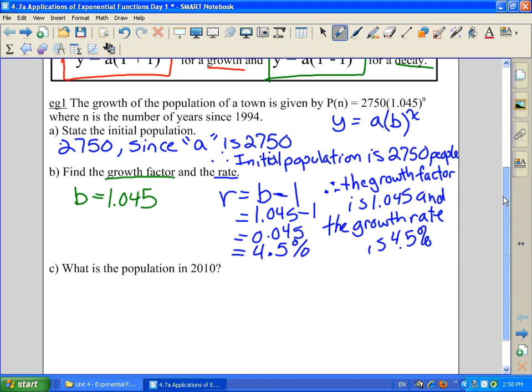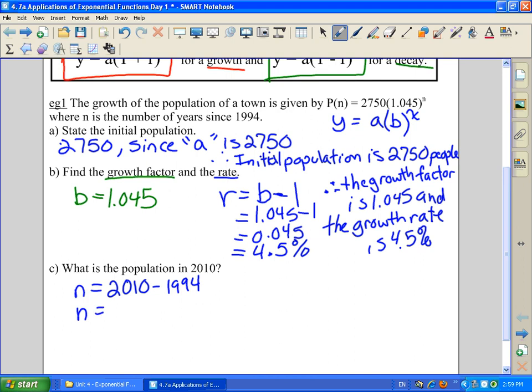Next part, C. What is the population in 2010? Well, we have to revisit the question and see what year N started at. N started at 1994, and now we're trying to find the population for 2010. So to find N, we're going to take 2010, because that's the year we're looking for, subtracting the year that this started, which is 1994.